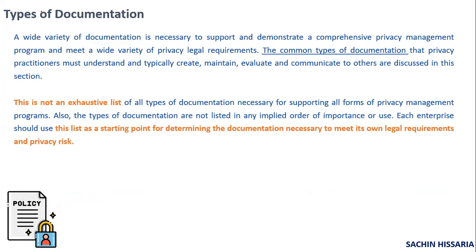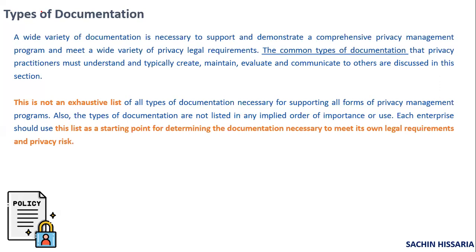Now we will discuss different types of documentation. As I told you initially, guys, this list of documentation has been derived from various privacy law requirements. If you are in India, then you need to see what the DPDP Act is saying. If you are in an EU country, then you need to see what the GDPR is saying.